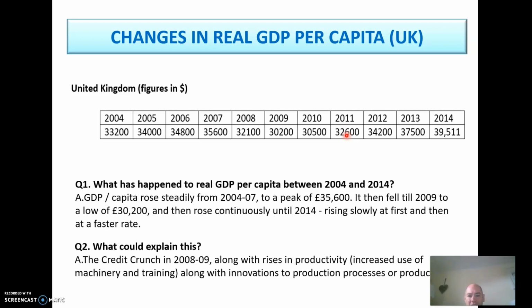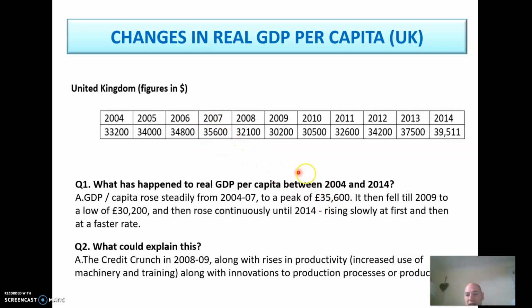Okay, I hope you guys have had a good opportunity to look at that. So in terms of this, what I would write: GDP rose steadily from 2004 to 2007, rising to a peak of 35,600. You can see I've written pounds, that should say dollars.